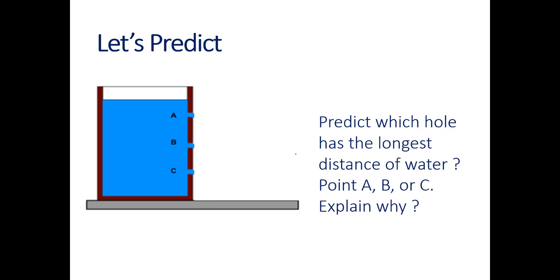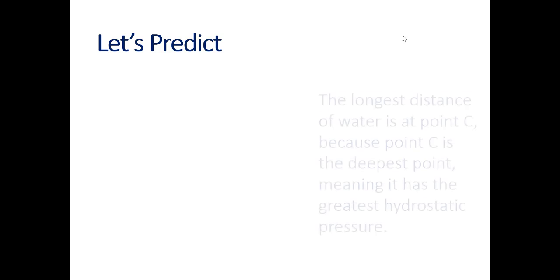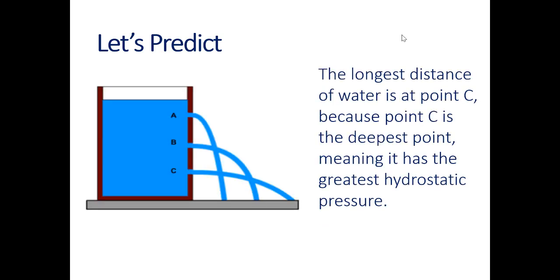Okay, A, B, or C, which one has the longest distance of water? Yes, it's C.